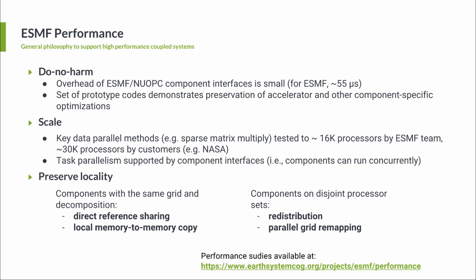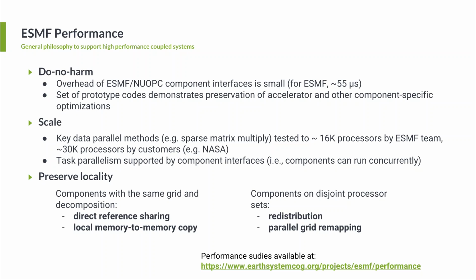The third item here is preserving locality. You have a lot of options in how you connect and communicate between components. I guess the most optimized way, if you set it up this way, is to directly share references between components.